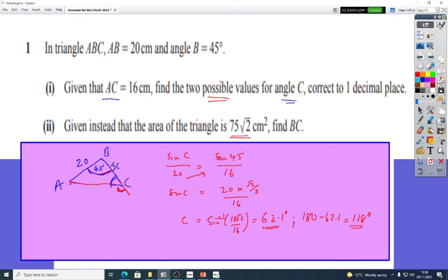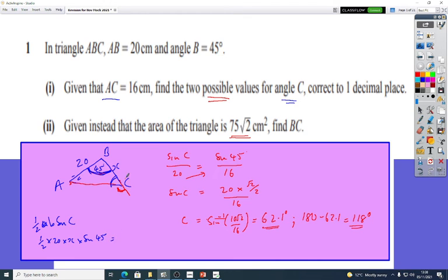And that is the sine rule for area, which is half AB sine C. Basically AB sine C is the two sides and the angle between them. So that's going to be half times 20 times X, which is those two sides, and the angle between them is sine 45.